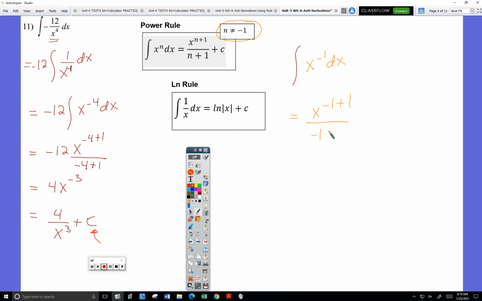I end up with a divide by 0, which is undefined. So the rule simply doesn't work. If the exponent is negative 1, what you really want to do is rewrite the problem like this. And now you use the ln rule.